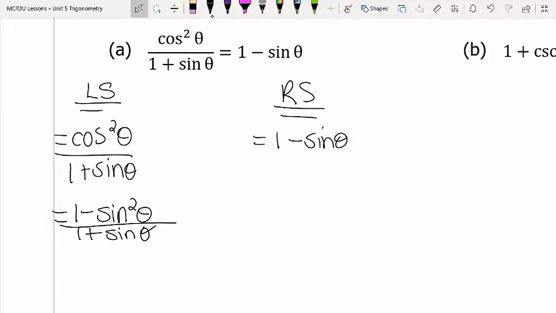Okay, and if some of you find that hard to see, again, let's do what we did in the last lesson. Let's replace sine theta with x. So instead of writing 1 minus sine squared theta, it's the same as writing 1 minus x squared. And I think all of you can look at 1 minus x squared and know that that's a difference of squares, right? And you'd factor that like this.